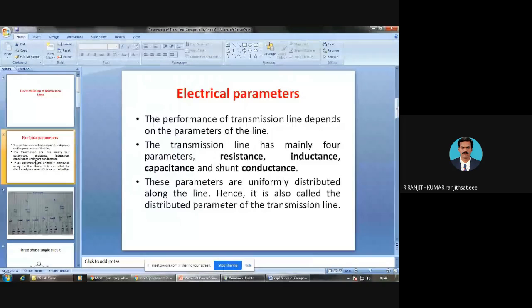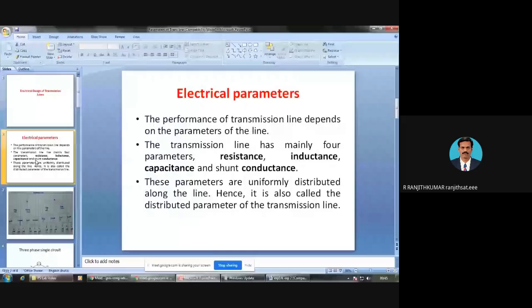Resistance is easily calculated using rho L by A, and conductance G we will always assume to be 0. So now we are going to give importance to inductance and capacitance.